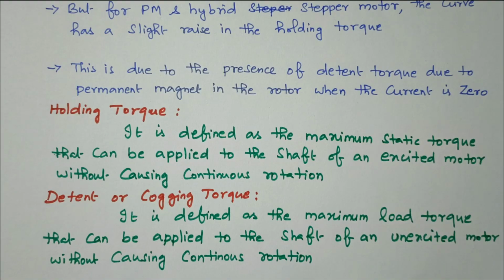Due to this permanent magnet, some detent torque is available even when the current is 0. That is the important point we observe in the torque versus current curve. So two important parameters are holding torque and detent torque. Holding torque is the maximum static torque without causing continuous rotation. Detent torque is also the maximum torque under unexcited condition.